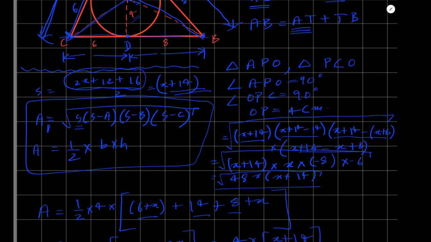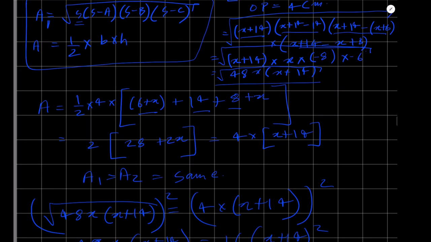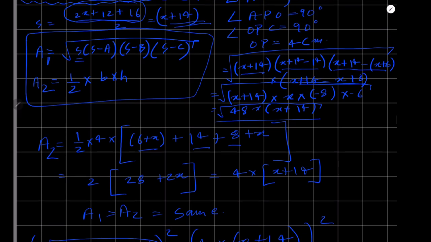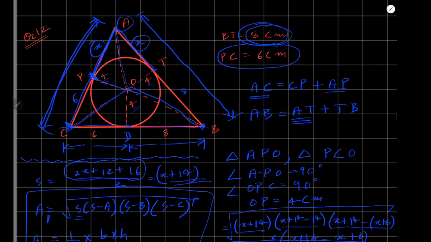Let us go further and then try to find out area, which we can say as A2. Again, it is the same area for this triangle ABC, same triangle, but now we are going to use the formula half base into height, and then we will try to divide. There are three bases.